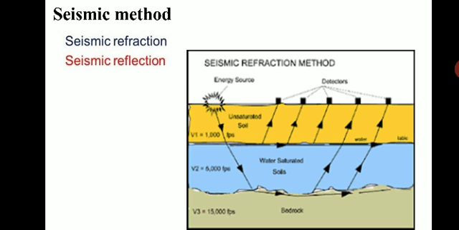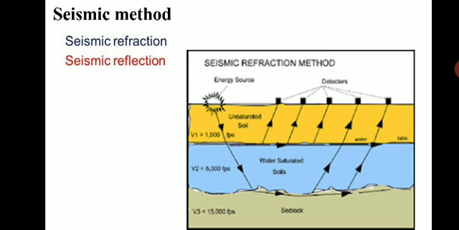So what is the meaning of seismic? These are the waves, seismic waves, which are generated during an earthquake. You might have heard, right? So the seismic reflection method provides information about the deep seated strata, around 750 meters down.